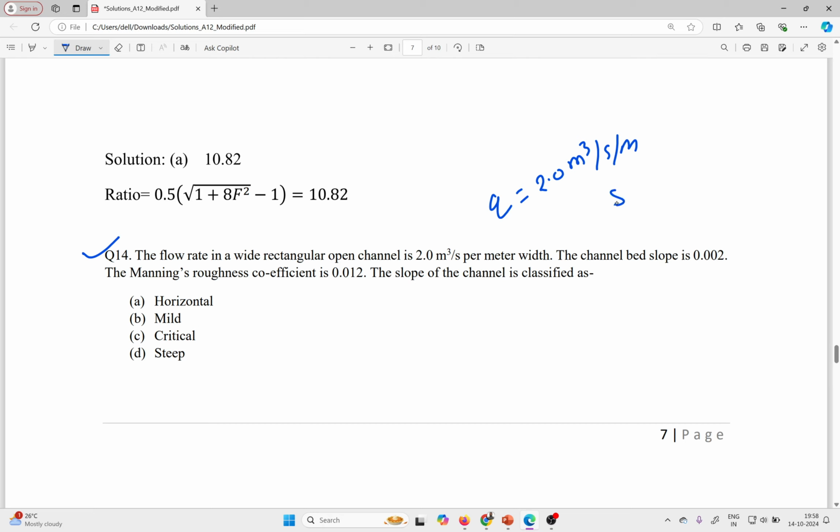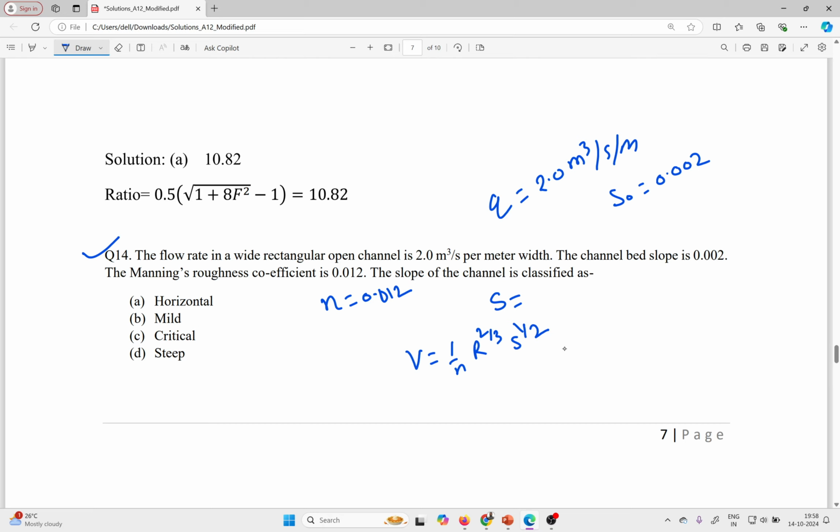The channel bed slope is given as 0.002. The Manning's roughness coefficient is given as 0.012. The slope of the channel needs to be calculated. You know the Manning's formula: velocity is equal to 1 by n R to the power 2 by 3 S to the power 1 by 2.